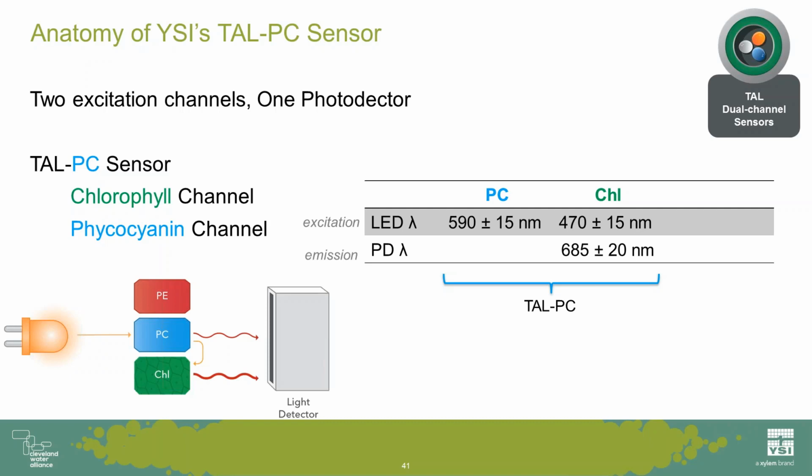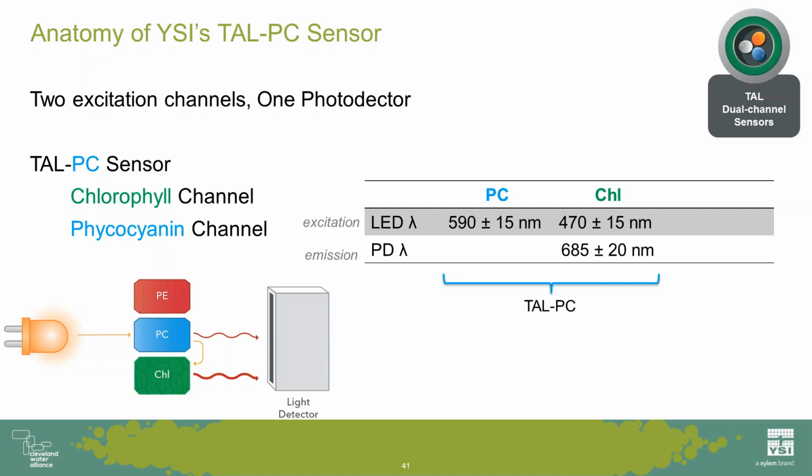The light emitted by the phycocyanin reaches the detector, but due to the filtering on the photodiode, most of it is filtered out. Instead, leveraging the natural process of transfer of that energy to chlorophyll, the excitation of phycocyanin will ultimately lead to the excitation of chlorophyll, and the light detected by the photodiode is from chlorophyll.